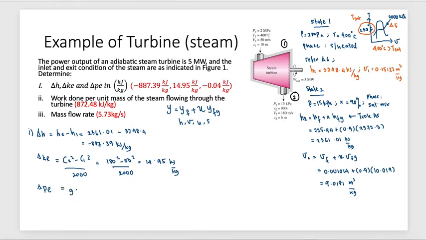Don't forget g times (Z2 minus Z1) divided by 1000, and I put g as 10. You can also put g as 9.81, either one. So Z2 is 6 minus 10 over 1000, and I get minus 0.04 kilojoule per kilogram.